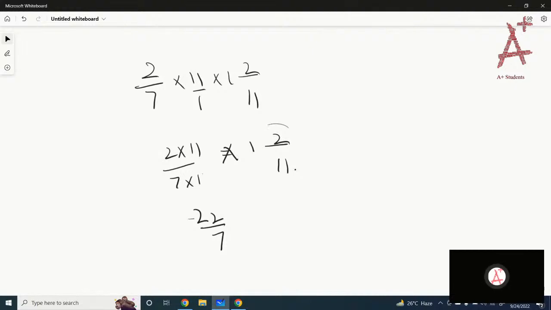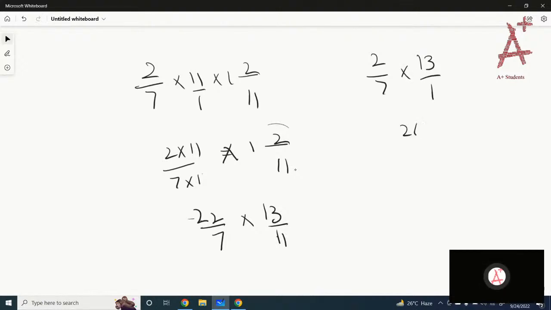Now you can convert the mixed fraction to an improper fraction. 11 times 1 is 11 and you have to add 2. It would be 13 over 11. Now again you have to do the multiplication, just multiply them. Also, here you have 22 and here you have 11, so you can divide them. 11 times 2 is 22, so you have 2 by 7 times 13 by 1.